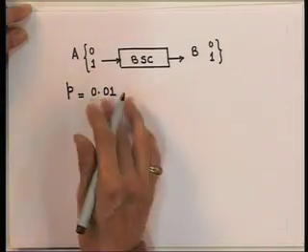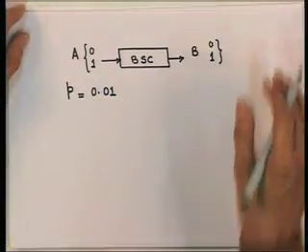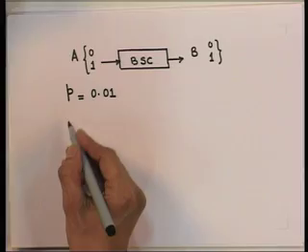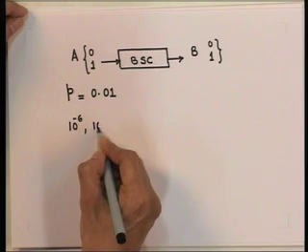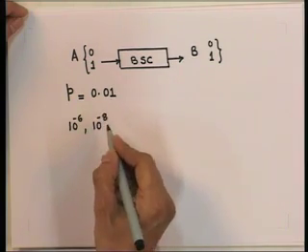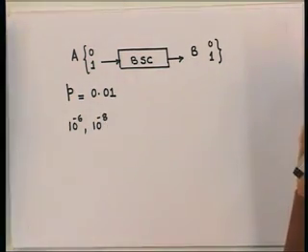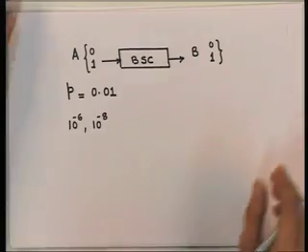transmitted are received correctly. Now, for many modern data transmission systems, this level of reliability is far from adequate. Probability of error requirements of 10 raised to minus 6, 10 raised to minus 8 or even lower are often necessary.